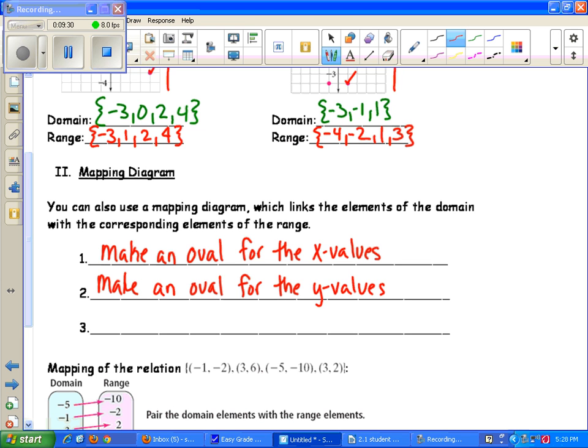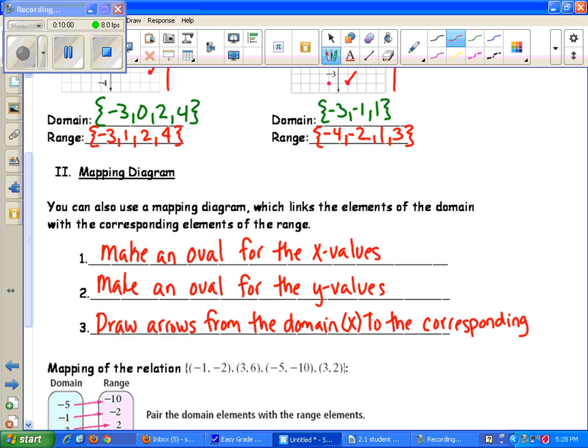Step 3, you draw arrows from the domain, which remember is your x values, to the corresponding range, which is your y values.